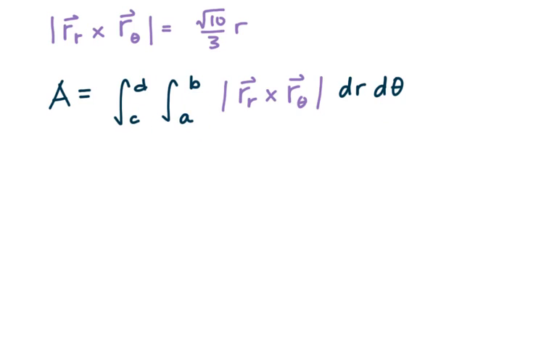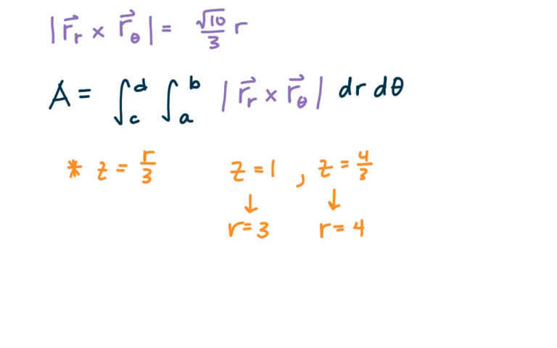But what is r going to be? Keep in mind, part of our parametrization was that z is equal to r over 3. And we were given this was bounded between the planes z equals 1 and z equals 4/3. So if I plug in 1 for z, I will get r equals 3. And if I plug in 4/3 for z, we get that r equals 4.